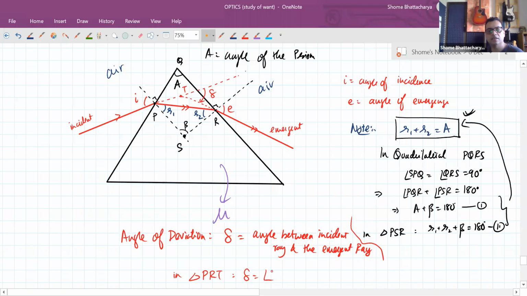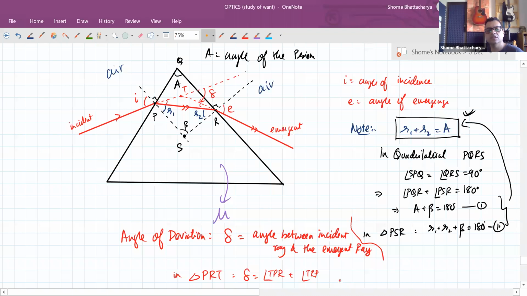That is angle TPR plus angle TRP. So that is this angle here plus this angle here.